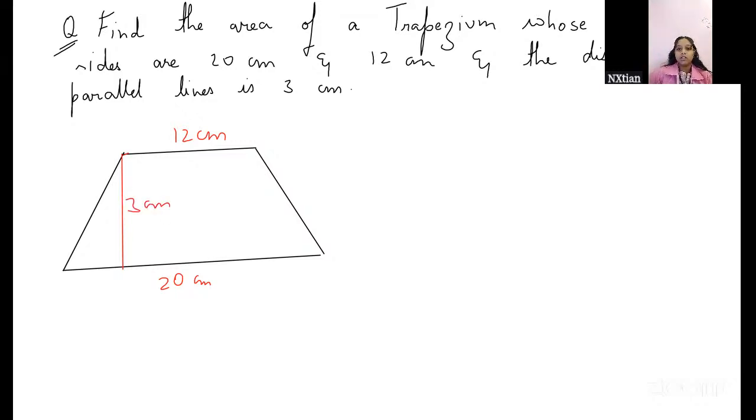Use the formula: area equals half the sum of parallel sides into height.